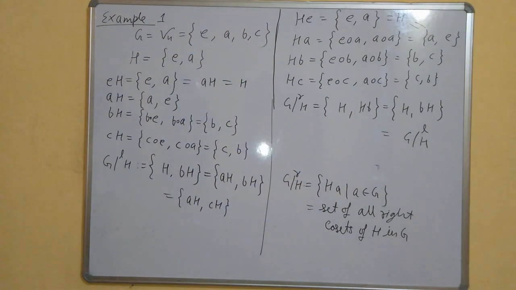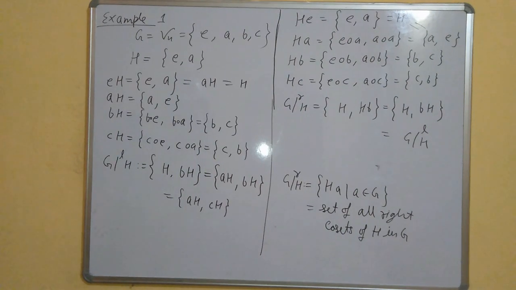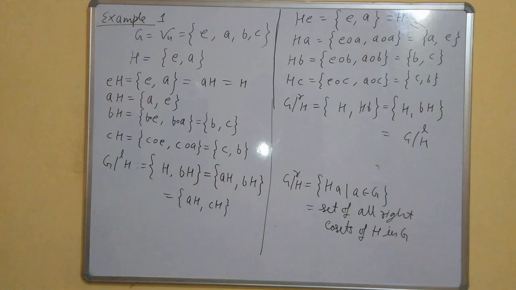Now I am going to give you an example where they are not equal. In fact, this group is abelian. So because it is abelian, either you multiply from the left side or the right side, it will give you the same thing. That's why it is equal.